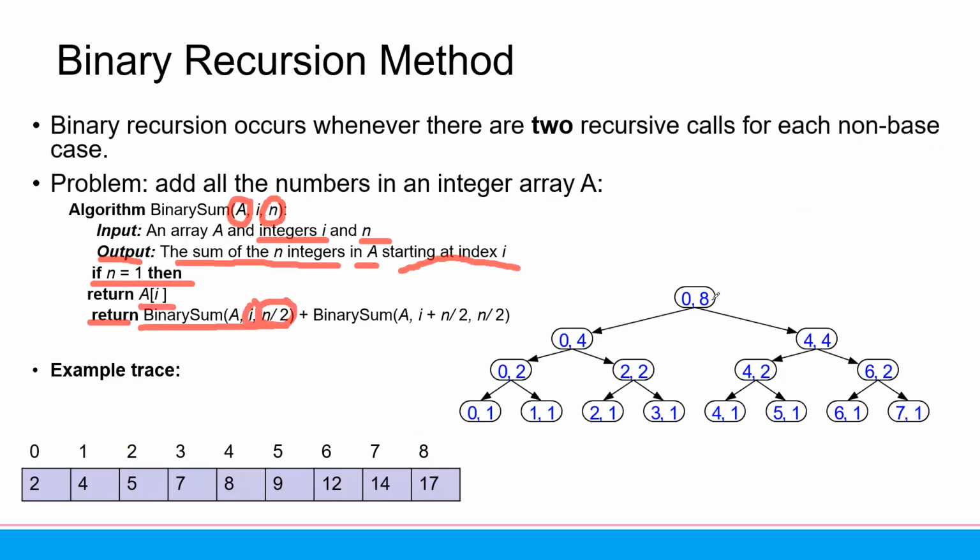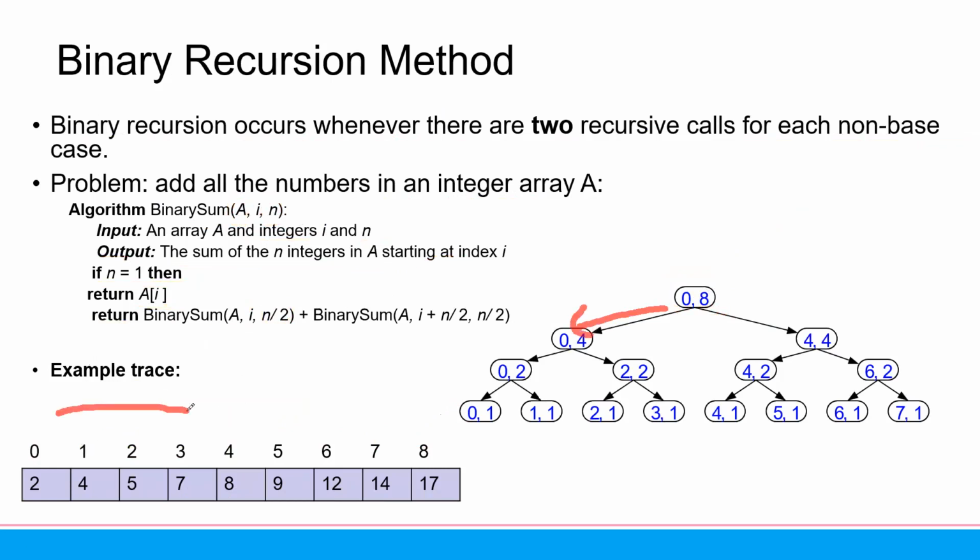It means if we have 8 numbers, 1, 2, 3, 4, 5, 6, 7, 8, 9, let's say this is 9, from index 0 until 8, we can split into 2. This will be the value of this one, and the remaining will be this one.